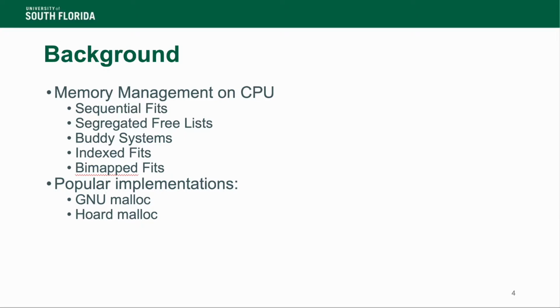A little bit of background on dynamic memory management on CPU. Memory allocators on CPU have been well studied since the 1960s, and some of the most popular mechanisms include sequential fit, which is a single linked list of all free pages, segregated free list, buddy system, which is multiple memory pools of power-of-two sizes, indexed fit, which is page information indexed in an array, and bitmap fits.